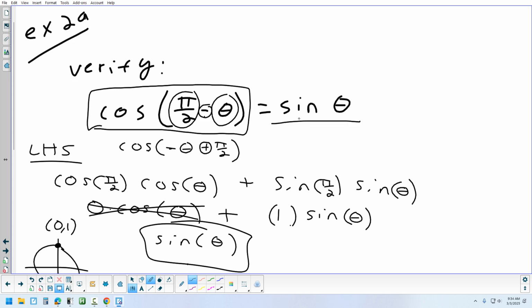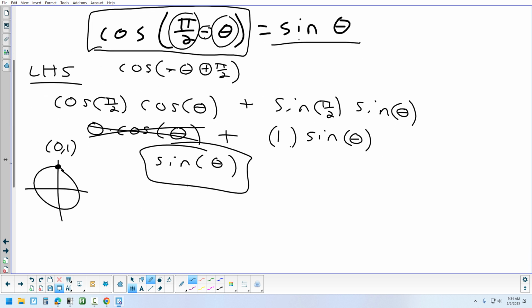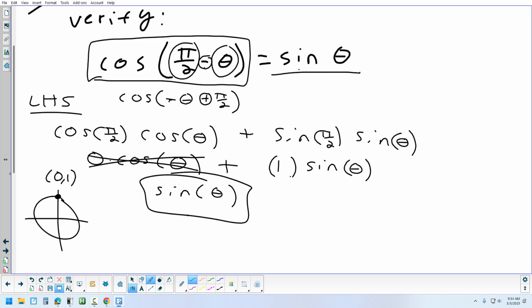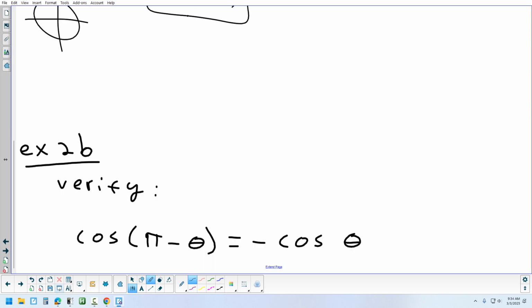That's basically what you're doing. A 90-degree left shift followed by a horizontal reflection of cosine results in sine. That's it. All right, let's try this one.